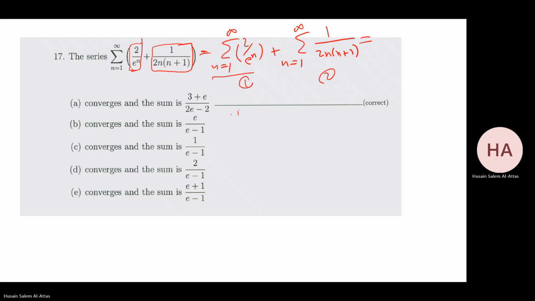For 1, at n equals 1, a will be 2 over e, and r is what? Well, let me make it in good shape. I can take 2 outside. It will be 1 over e all to the power n. Now it's very clear to me.